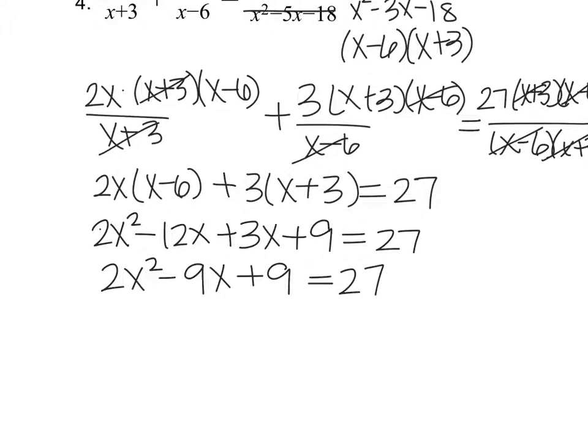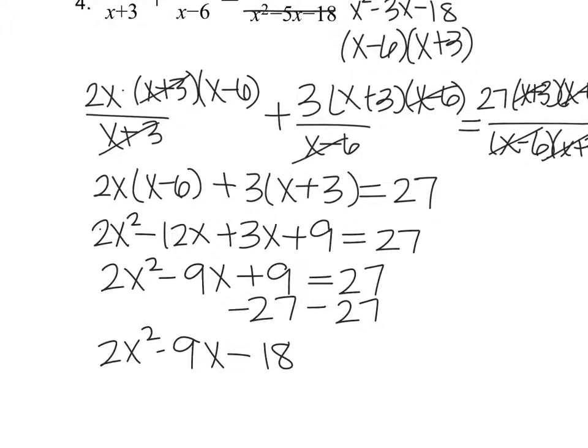In order to solve a quadratic, it must be set equal to 0, so we're going to subtract 27 from both sides. We get 2x squared minus 9x, and then 9 minus 27 is negative 18 equals 0. So now to find our solutions, we want to factor 2x squared minus 9x minus 18.